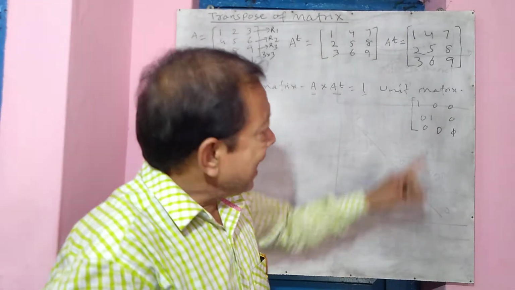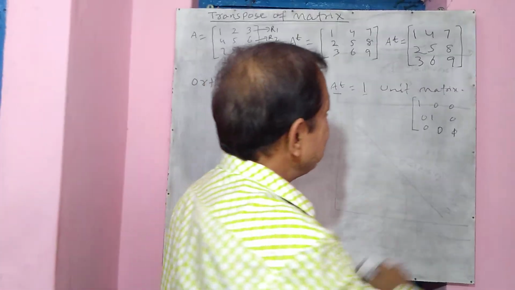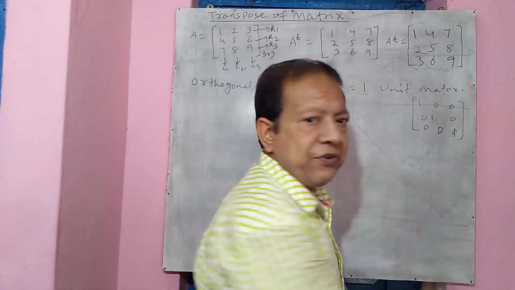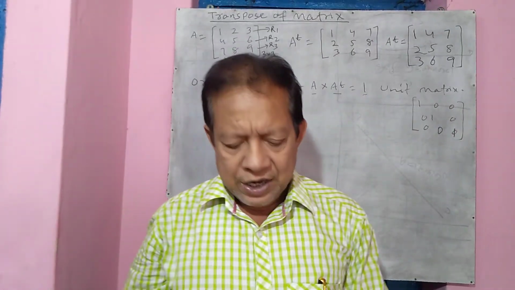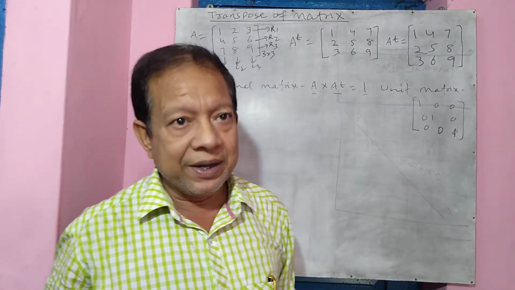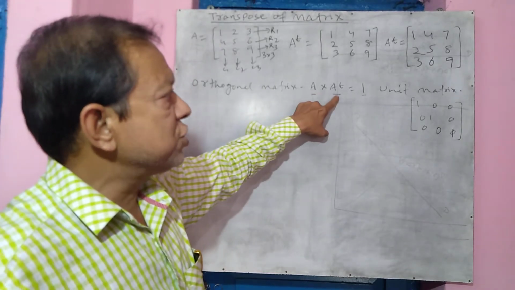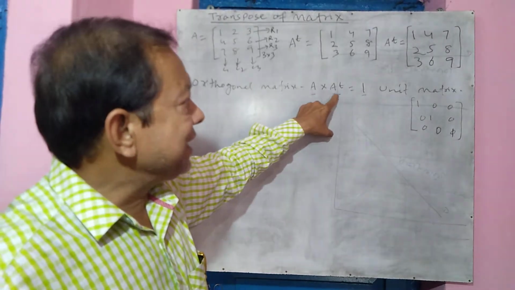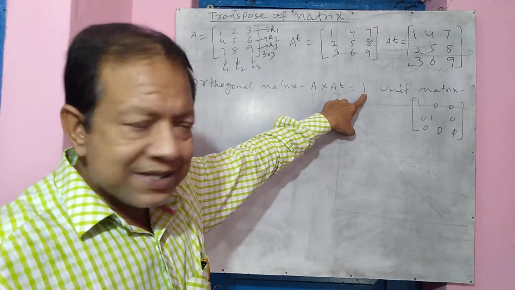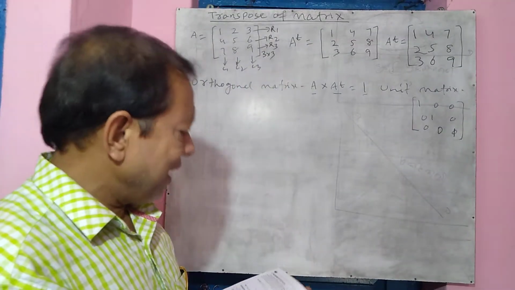The principal diagonal here is 1, 1, 1. This is called a unit matrix. Now if you multiply a matrix with its transpose and that gives you a unit matrix, we call it an orthogonal matrix.